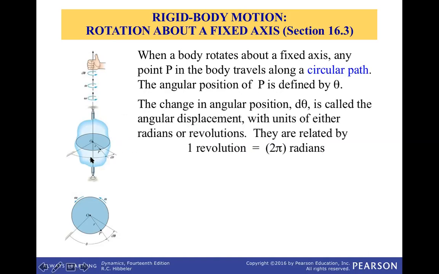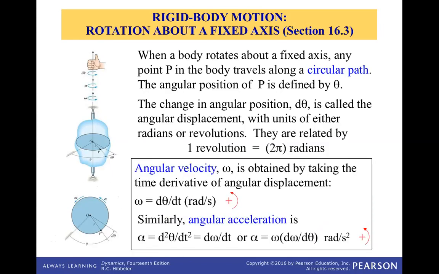And then the change in the angular position will be d theta, okay? It's called angular displacement. The angle theta could be in revolutions, in radians, or in degrees, okay. You should know already by now the conversion factors between each two of the units here, okay. So one revolution is equal to 2 pi radians, and one revolution is equal to 360 degrees. 2 pi is equal to 360 degrees, okay.